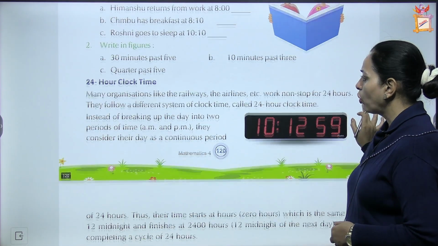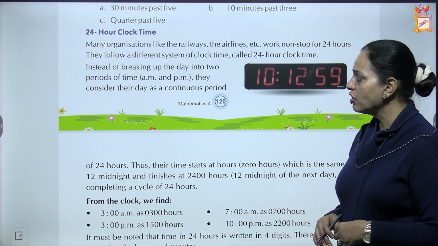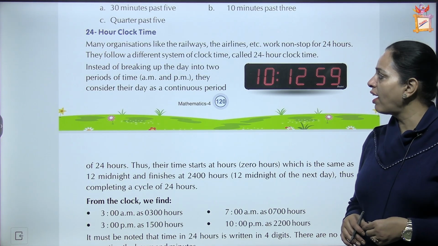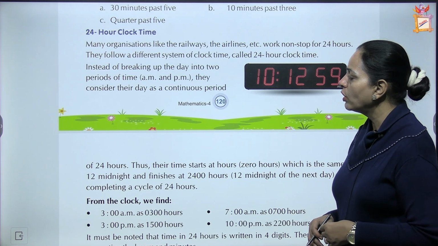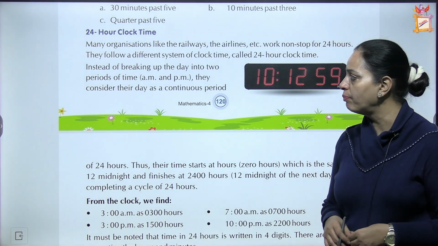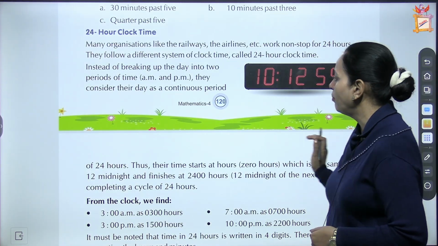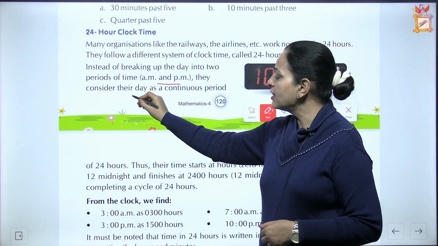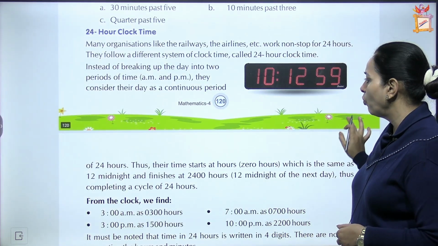Now next we are talking about 24-hour clock time. Many organizations like the railways, the airlines, etc. work non-stop for 24 hours. They follow a different system of clock time called 24-hour clock time. Instead of breaking up the day into 2 periods of time, AM and PM, they consider their day as a continuous period of 24 hours.